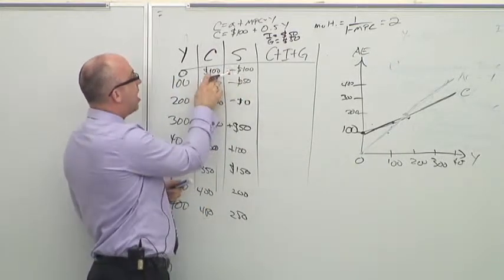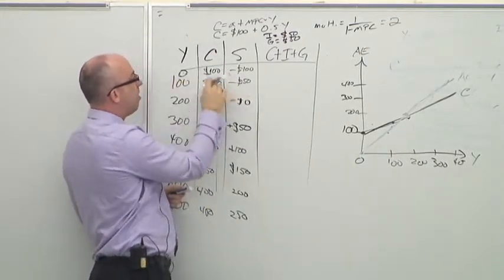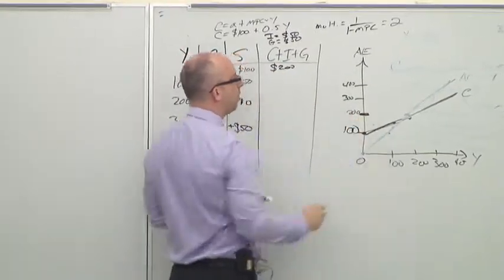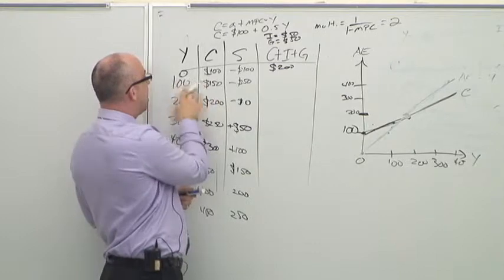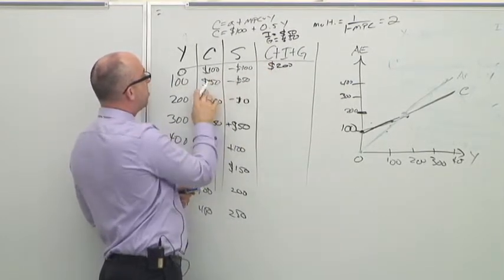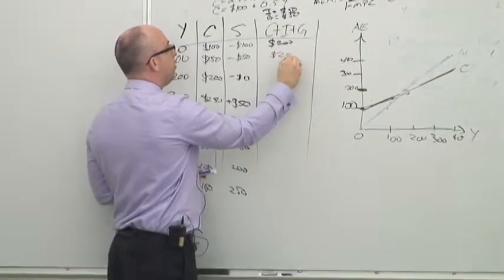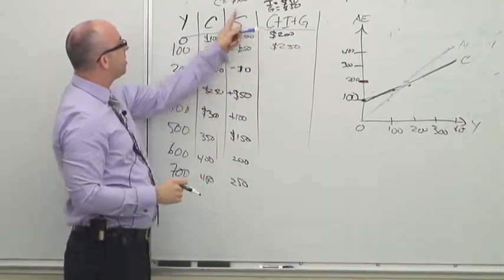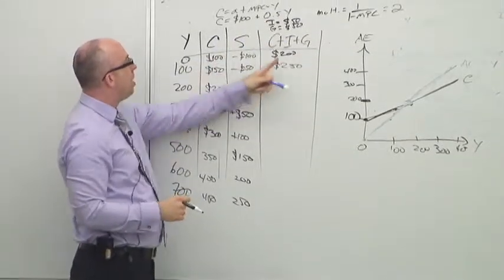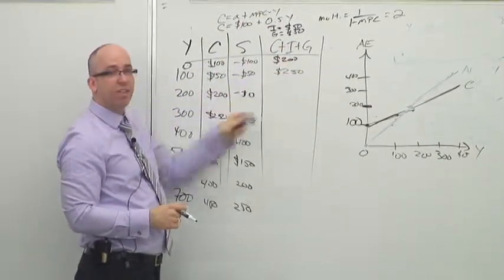If I add 100 here with zero income, this becomes 200. All right, if I add 100 here, this goes to 250. What this means is that there's always 100, there's always half of this, but all these numbers get $100 added on.